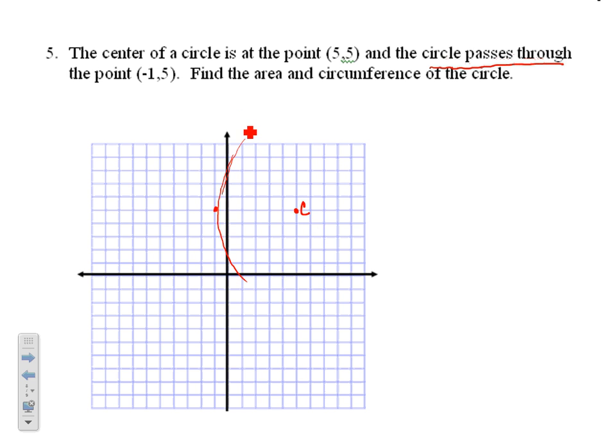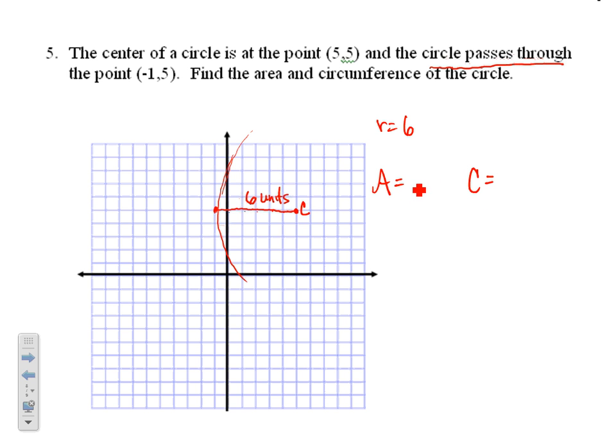Okay? It says find the area and the circumference of the circle. So if this is an outside point and this is the center point, I should be able to find the radius. So I could count 1, 2, 3, 4, 5, 6. My radius is 6 units. Okay? So if my radius is 6, now I can find area and circumference.